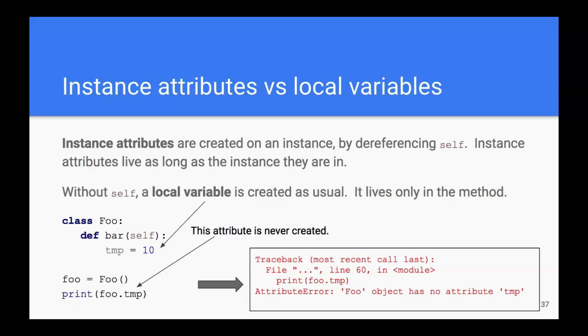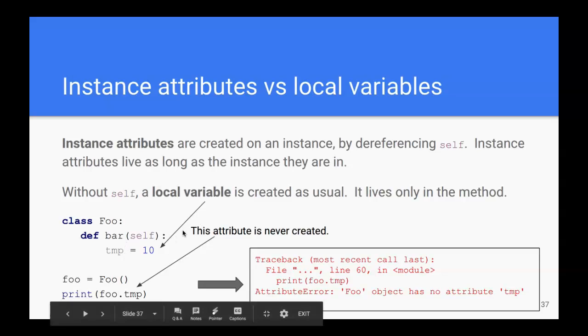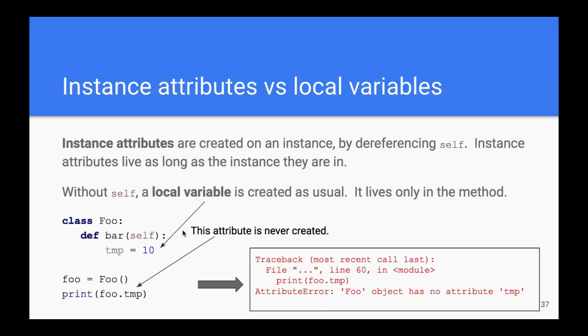So anyway, the important thing to realize is that if you don't use self dot, but just give it a name, a local variable is created for the function, and it only lives inside the method. For example, you should probably try this in your IDE.